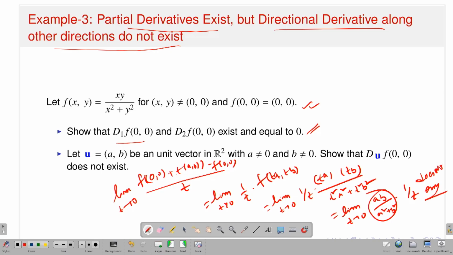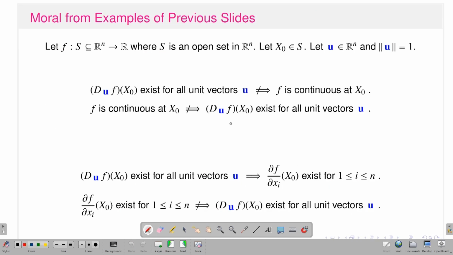So whatever direction (a, b) I take where a and b are non-zero, the directional derivative does not exist. This example shows that existence of partial derivatives does not imply existence of directional derivatives.